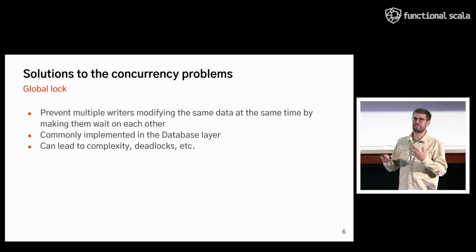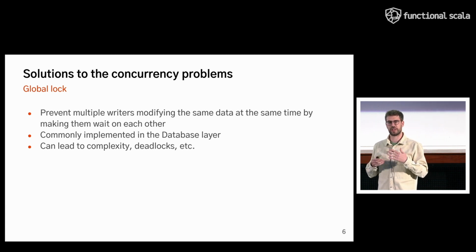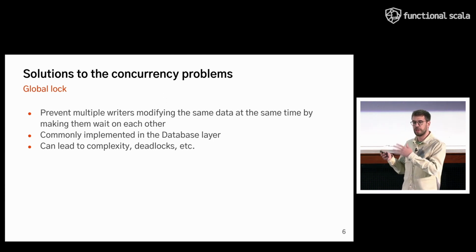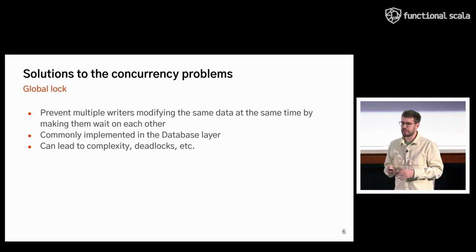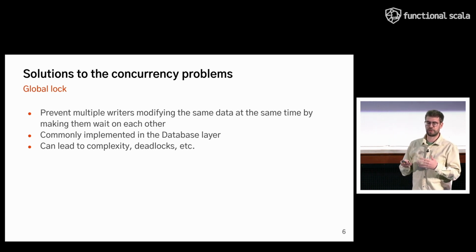This in legacy systems has usually been implemented in the database layer, but these days it's not really something that people want to do anymore. I'm sure all of you would rather write your business logic in Scala rather than in SQL. And also it leads to a lot of complexity, because then you have one lock and then you have multiple locks, you can have deadlocks. So I think this is a bit out of fashion today.